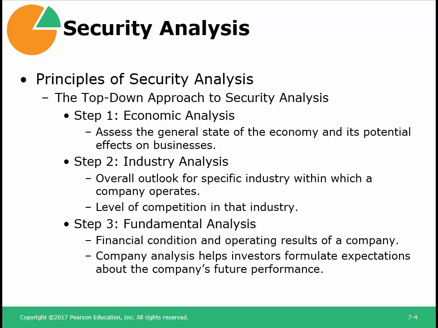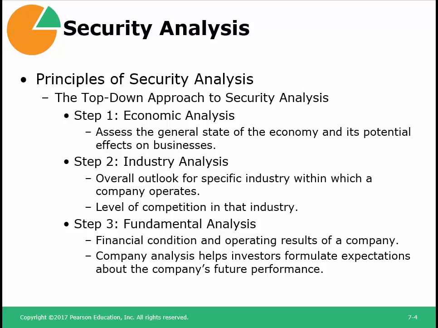So, first thing we need to do is analyze the economy, right? We need to determine what we think the economic conditions are going to be like in the next 1, 2, 3 years. Given that economic analysis, we need to try to determine which industries will have the best outlook in that economic environment.